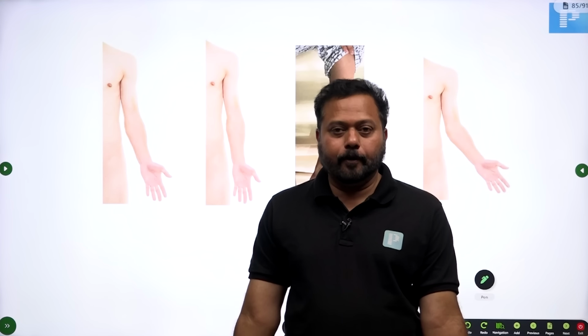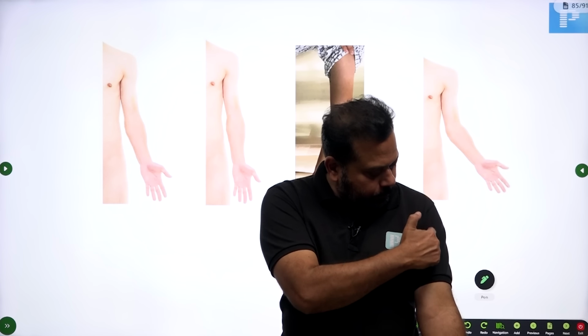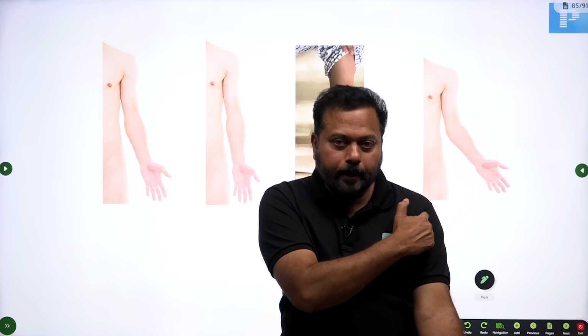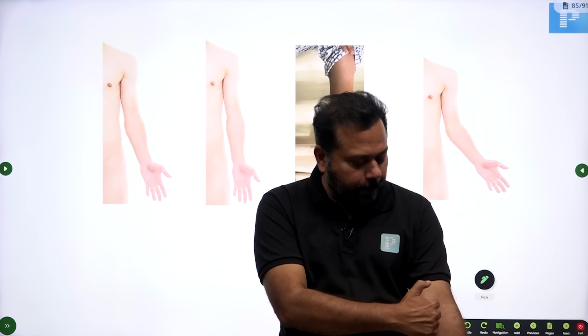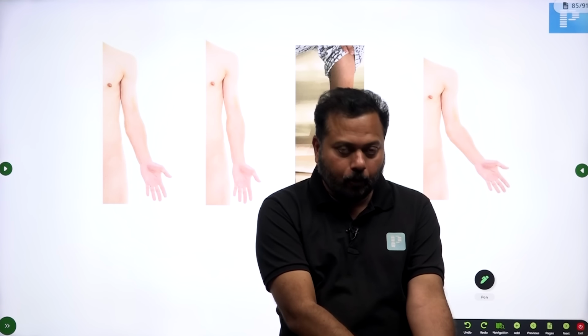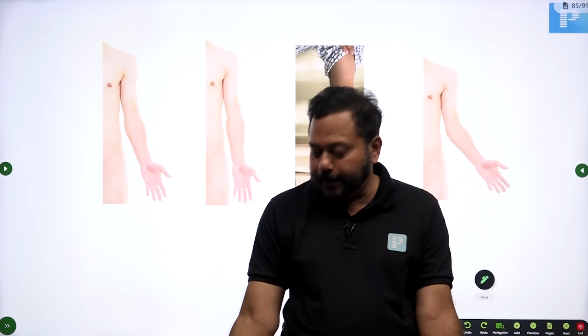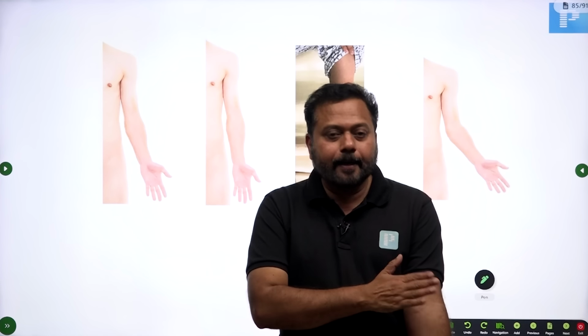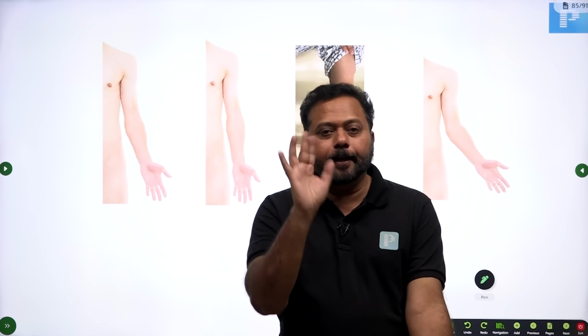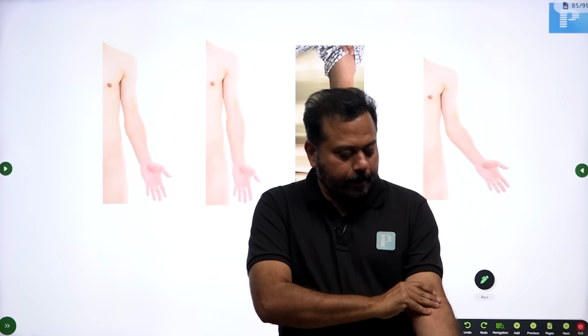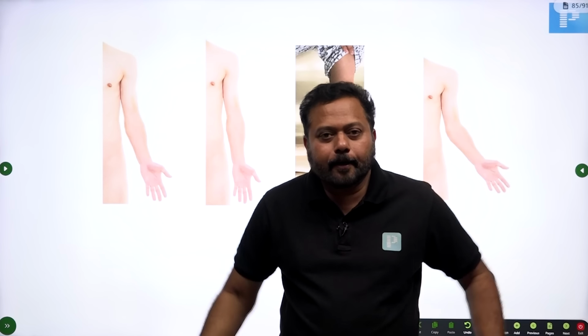Whenever you extend the arm, you draw a line in the middle of the axis of the arm and the middle of the axis of the forearm. One angle is formed. This is called the carrying angle. The normal carrying angle in a male is 10 degrees. It is slightly more in a female because they have a gynecoid pelvis.